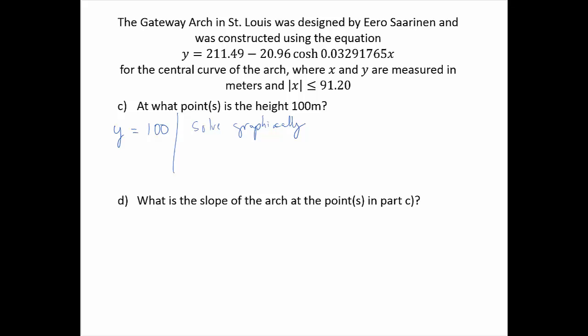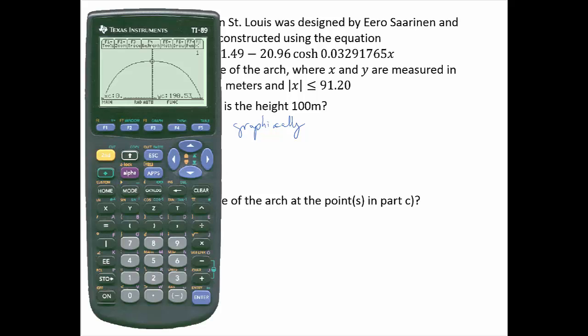So let me again bring up the calculator. There's our graph, and now I'll put in a second equation at y equals 100 and regraph it. And now I can calculate these points under the math menu, intersect.